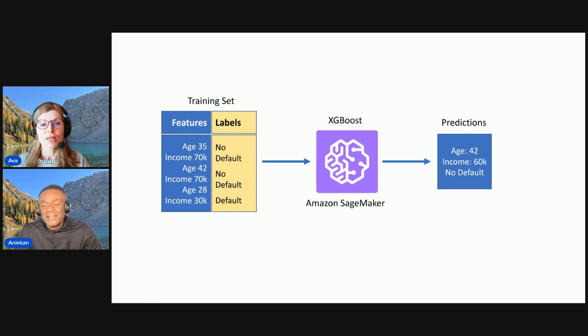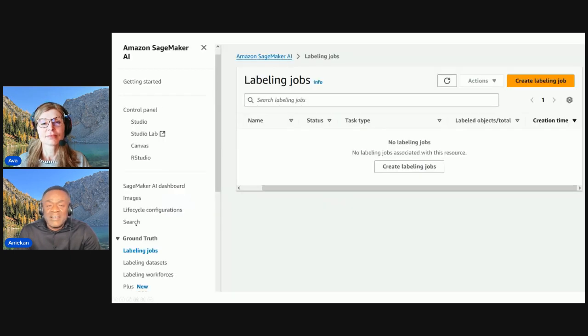Who are those human labelers? Do we hire people for that? Great question. AWS offers three options. There's Amazon Mechanical Turk.